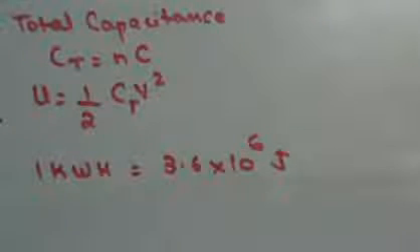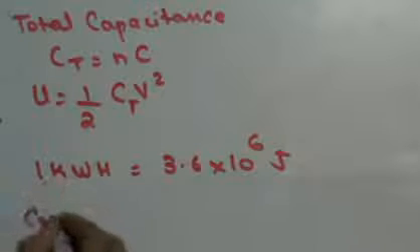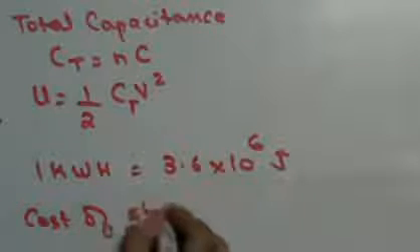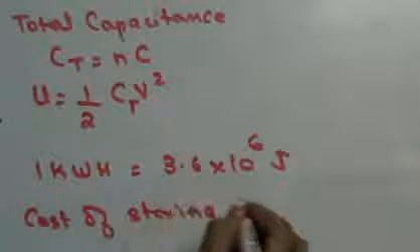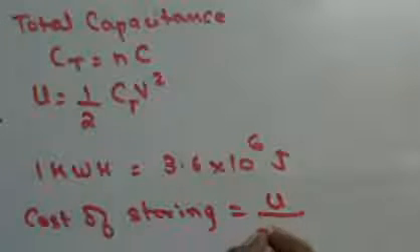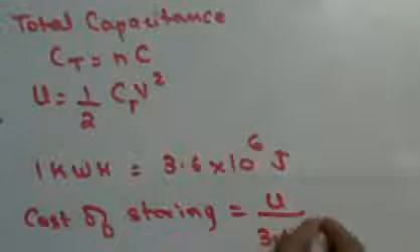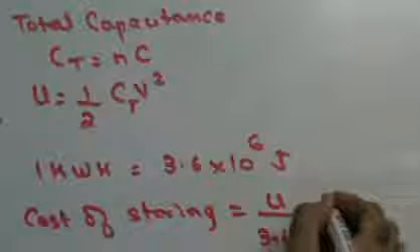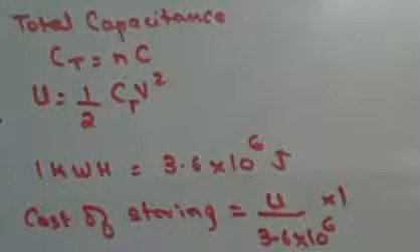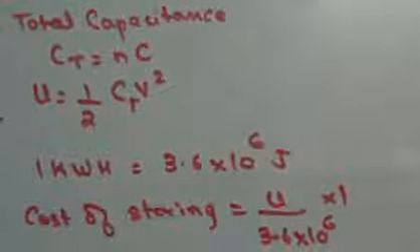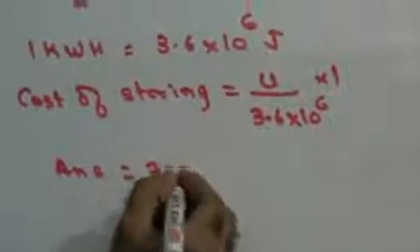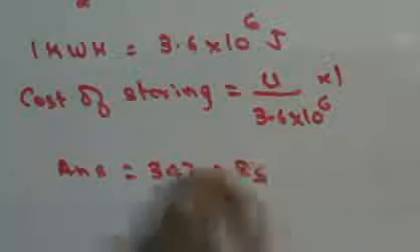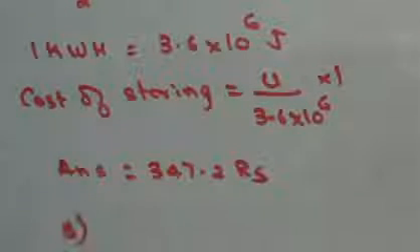So the cost of storing is going to be U divided by 3.6 into 10 raised to 6, into the rate, which is 1. The answer for this sum should be 347.2 rupees. Next, take down the next sum please.